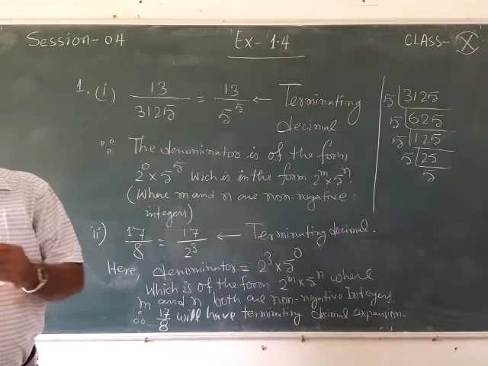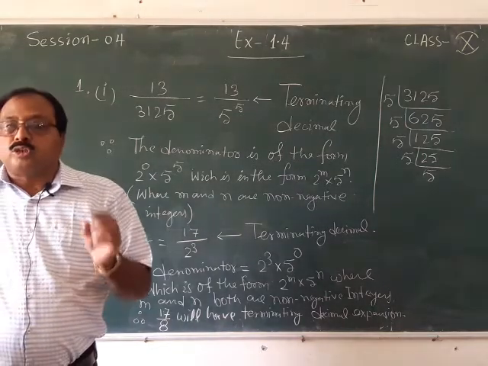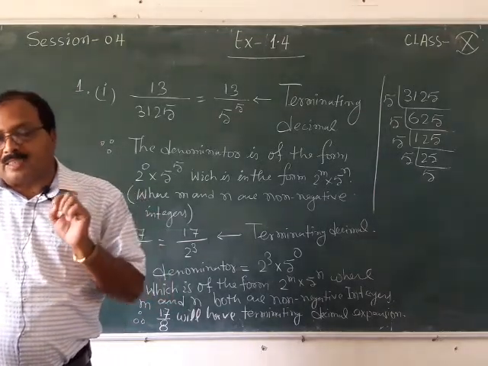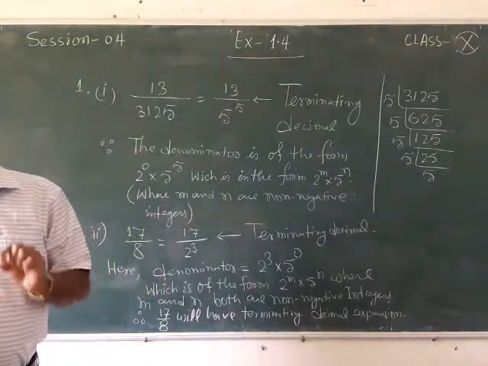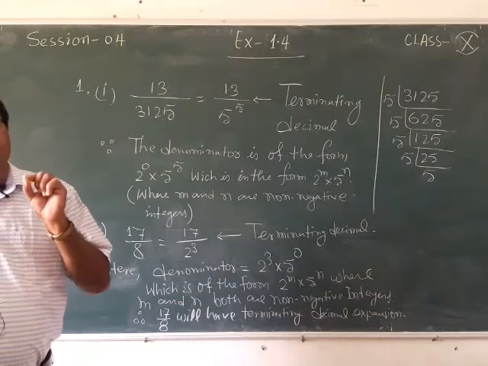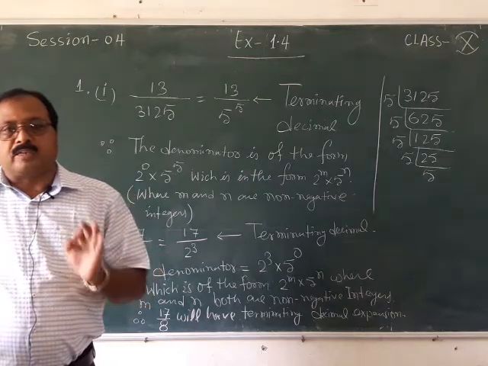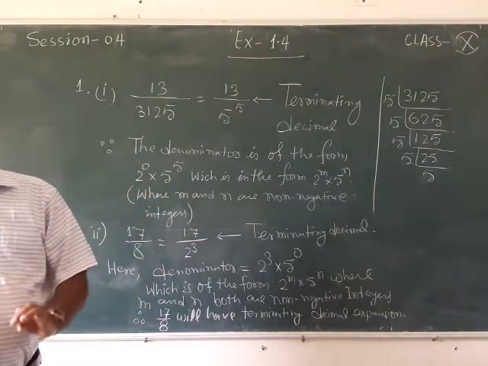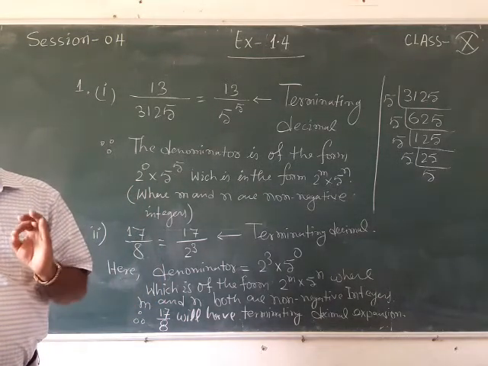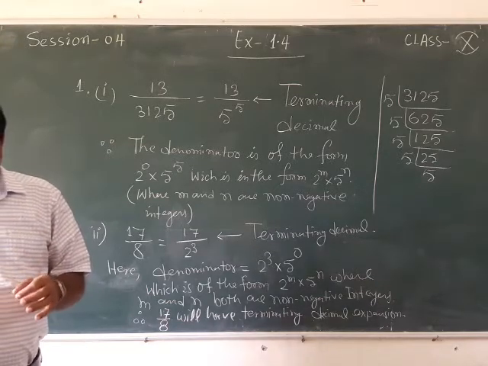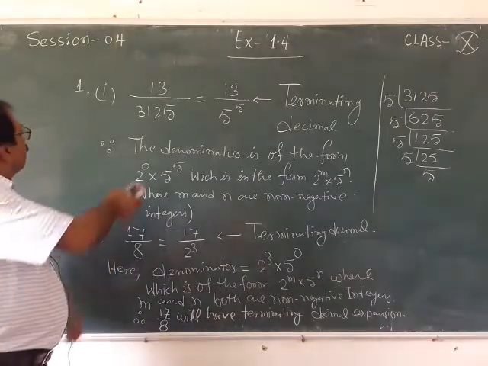So here in question number 1, you have to do the prime factorization of all the denominators and check whether it comes in the form 2 to the power m into 5 to the power n or not. If it comes in that form, the decimal expansion is surely terminating. Like that you can do all these questions.